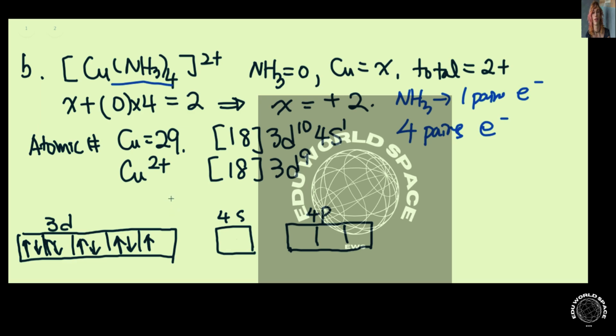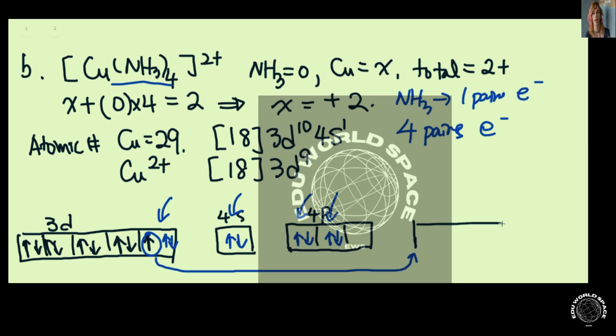So the 4 pairs will go here, here, here, and here. This electron has been moved out to a higher level, so we have 1 pair here, 2 pairs, 3 pairs, and 4 pairs of electrons. These electrons will be moved to a new orbital, the 4d orbital.